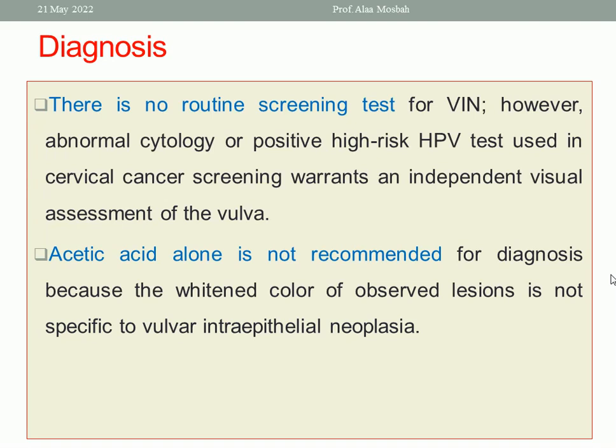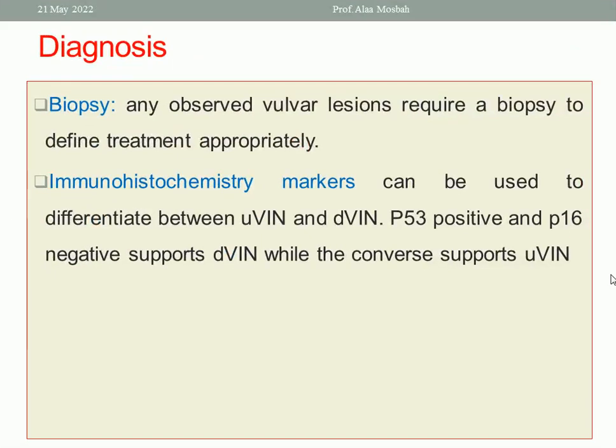Okay? Can I do an acetic acid test on the vulva like that of CIN for cervical screening? No, it is not recommended for diagnosis because the white color of the observed lesion is not specific to vulvar intraepithelial neoplasia. Biopsy is very important. Any observed vulvar lesion requires a biopsy to define treatment appropriately.